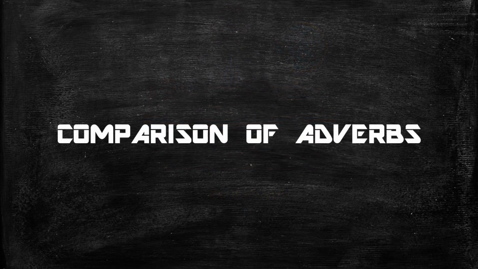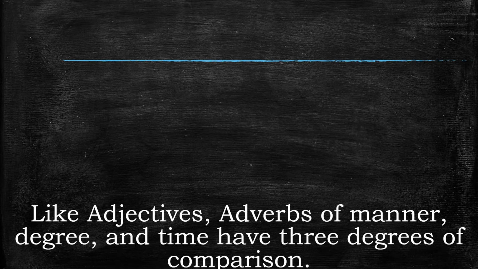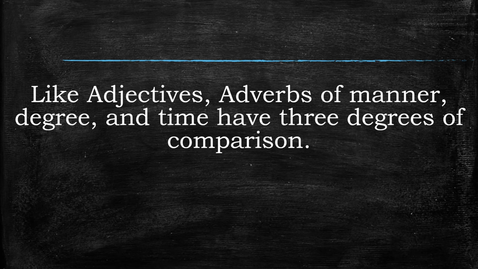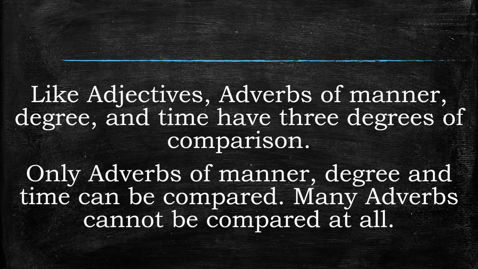Now we look at comparison of adverbs. Just like we had the comparison of adjectives, we also have comparison of adverbs. Like adjectives, adverbs of manner, degree, and time have 3 degrees of comparison.